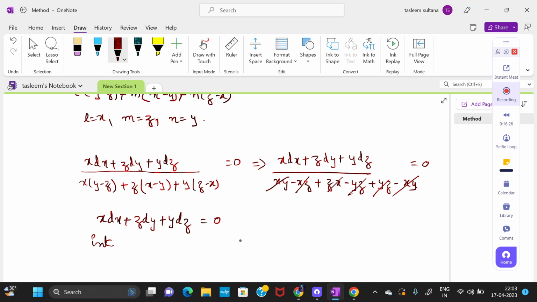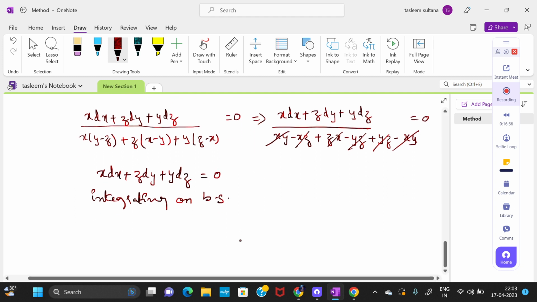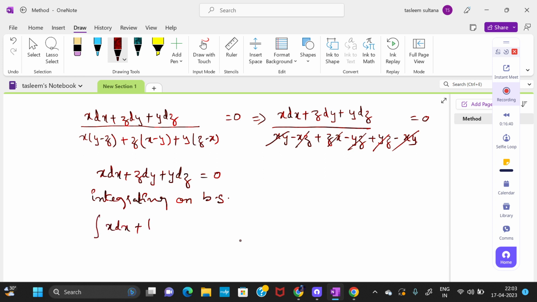Integrating on both the sides: x dx plus z dy plus y dz equals some arbitrary constant c2.